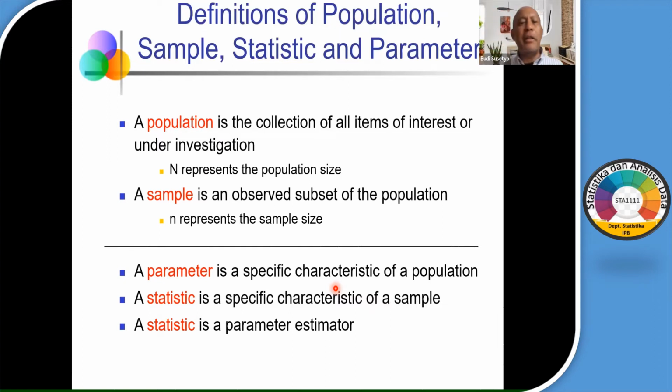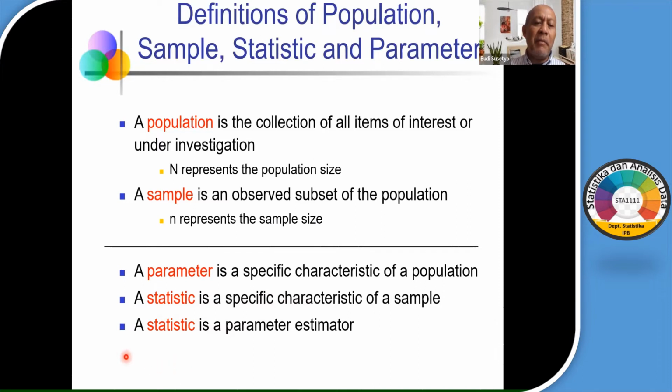So there are many variables. You can also collect data on height, weight, how many kilograms, how much time you spend learning every day on average. This is a variable. If you calculate based on the population, you call it a parameter. If you calculate based on the sample, you call it a statistic. So what is the relationship between statistic and parameter? Statistic is an estimator of the parameter.